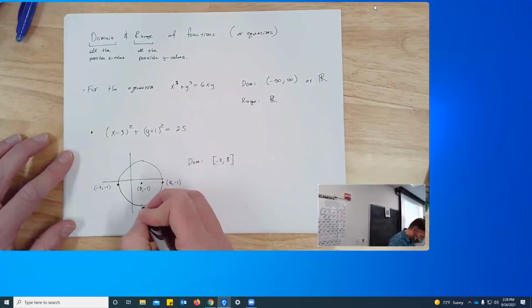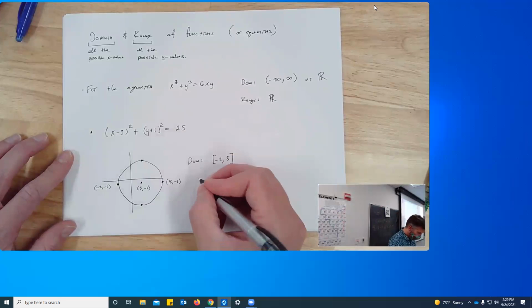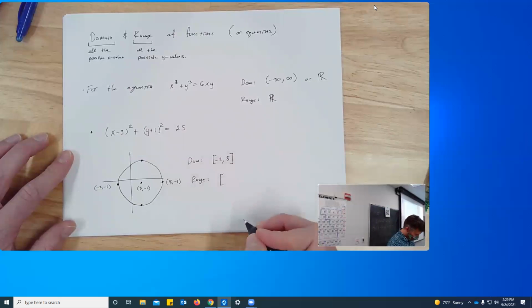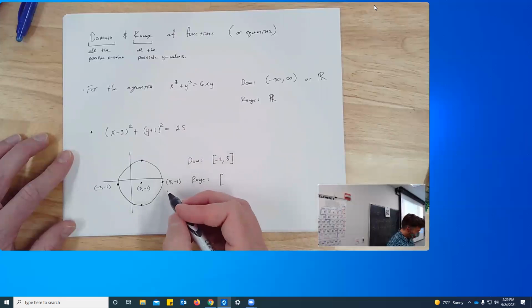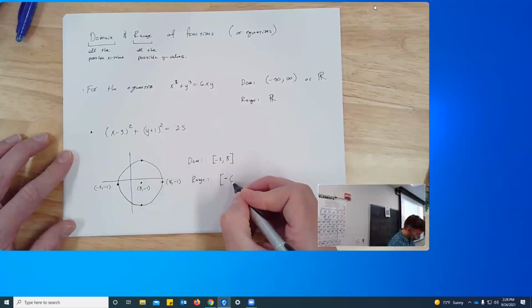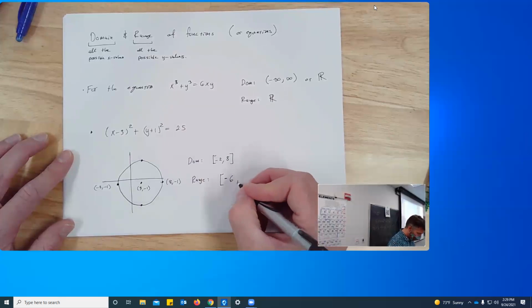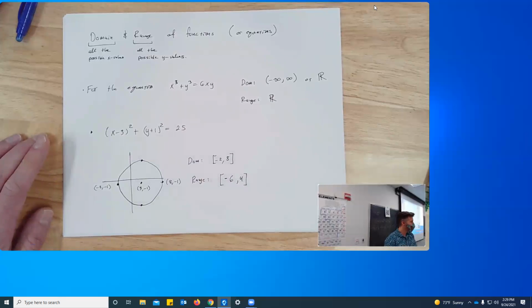The range, well, the y values go as low as what? -6, that's -1 minus 5, and +4, that's -1 plus 5.